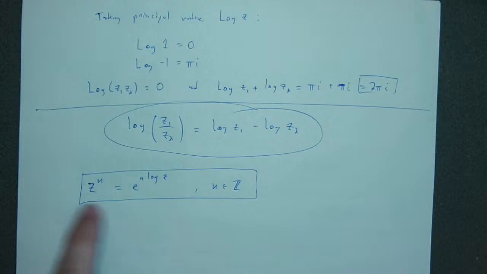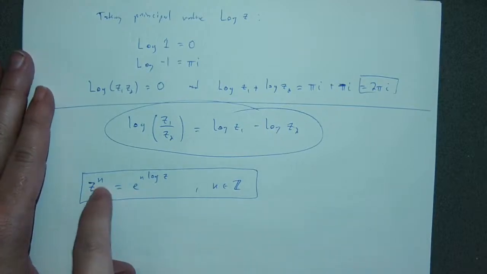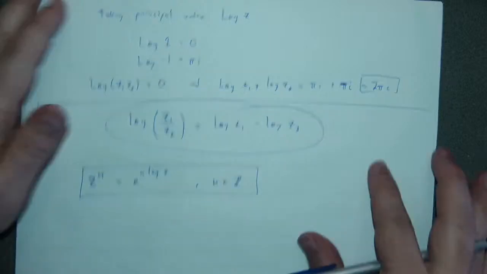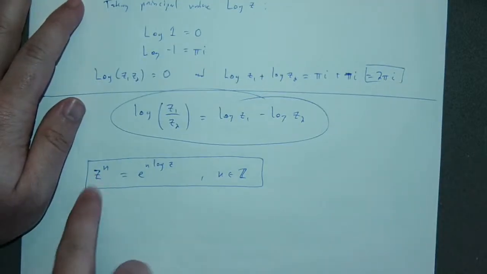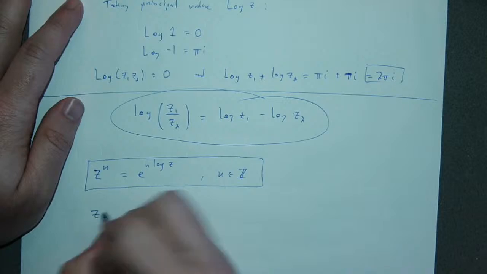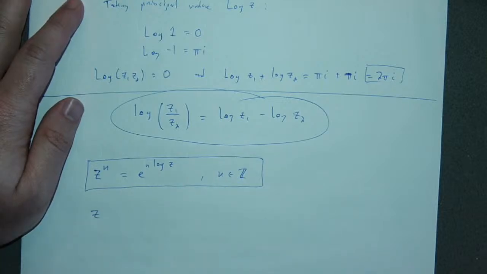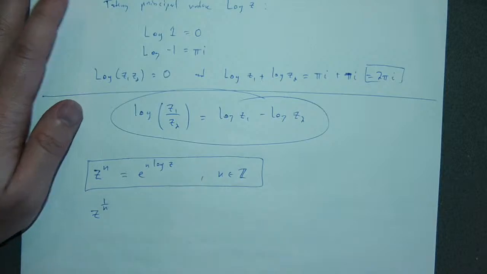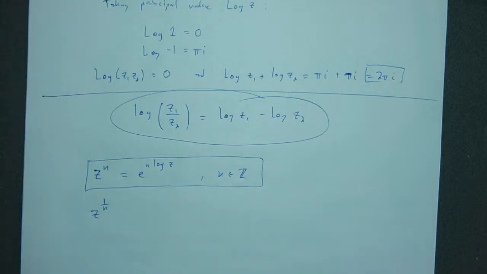It turns out, this is easy enough to see just by the definition of these things, but what about when I take powers that are, say, fractional powers, right? One that we're of course interested in immediately is, what about taking nth roots of z in terms of the exponential function and logarithmic function? So what about z to the 1 over n?